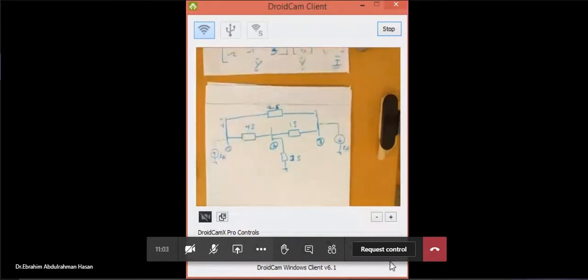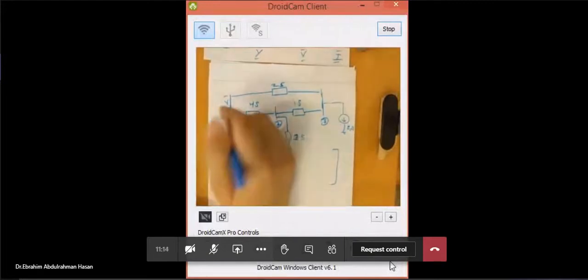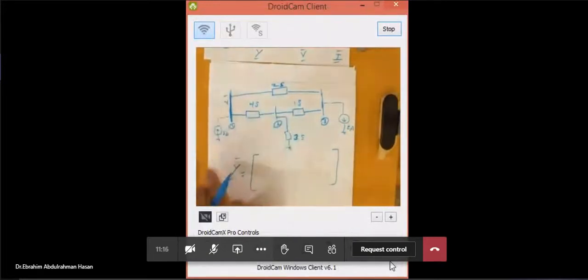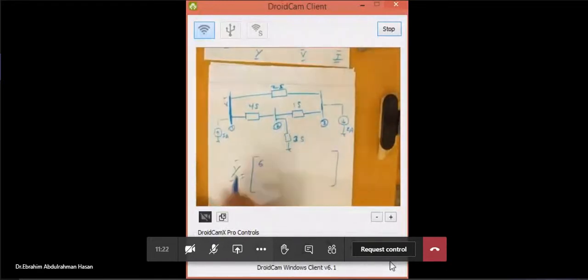So simply, again, here is how to find the Y matrix. Just go like this. Start from bus number 1. The total admittance connected to this bus is 4 and 2, so 6. Common with 2, minus 4.